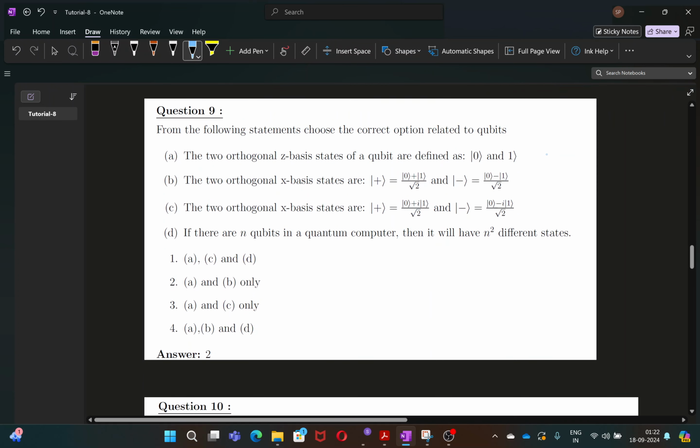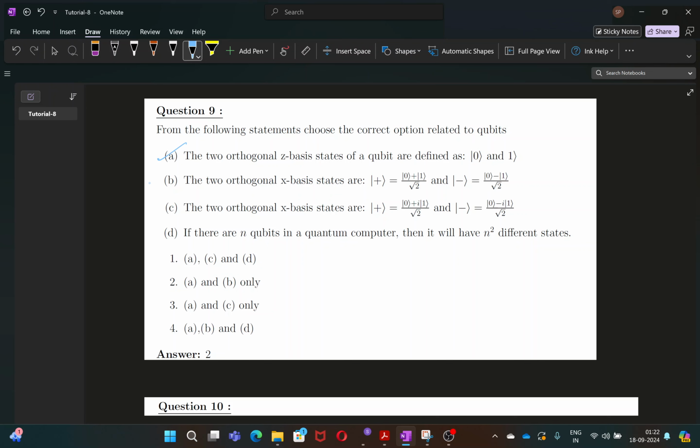Then question number 9 says that from the following statements, choose the correct option related to qubits. We know that the orthogonal z-axis basis states of the qubits are defined as |0> and |1>. That is true. Then two orthogonal x basis states are given by |+> equals (|0> plus |1>) divided by root 2, and |-> equals (|0> minus |1>) divided by root 2.